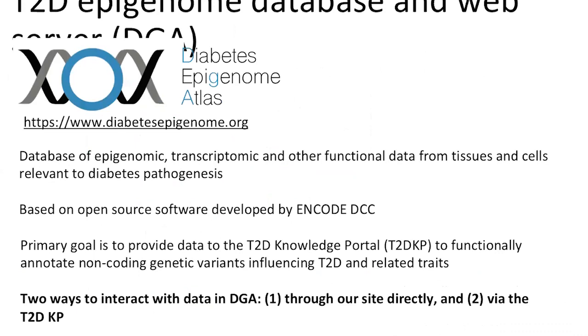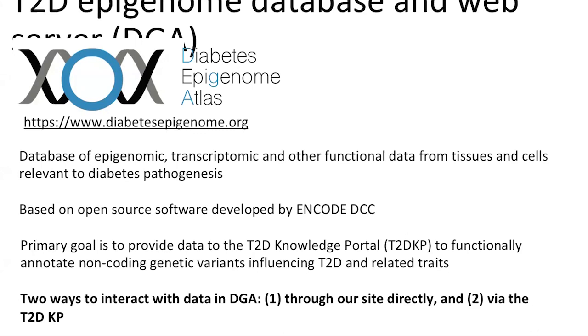So based on the premises of these previous slides, this emphasizes the need for an epigenomic resource to host data from diabetes-relevant tissues and cell types. The Diabetes Epigenome Atlas is a data science platform for understanding non-coding disease variants. This is a cloud-based resource that is based on open source software developed as part of ENCODE to host and disseminate human epigenome data relevant to studies of diabetes.